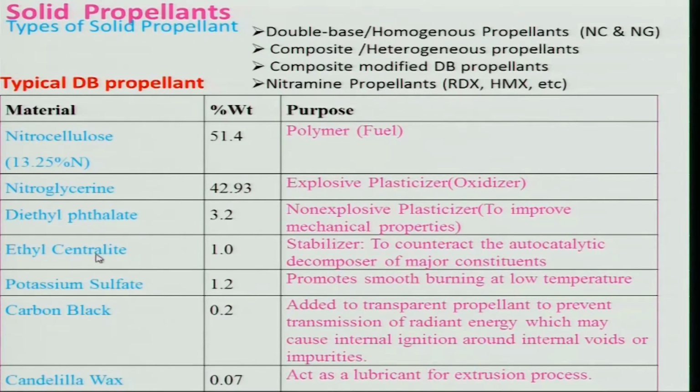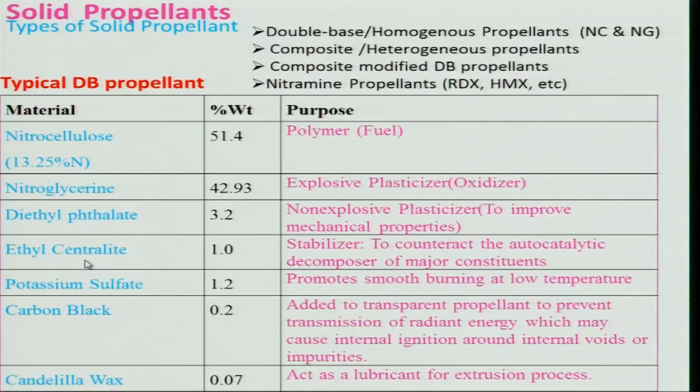If you look at the 1, 2, 3, 4, 5 additives being added, their percentages are very small as compared to the fuel and as compared to the nitroglycerin, which is the oxidizer. So, diethyl phthalate is 3%, which is used as a non-explosive plasticizer to improve the mechanical properties.